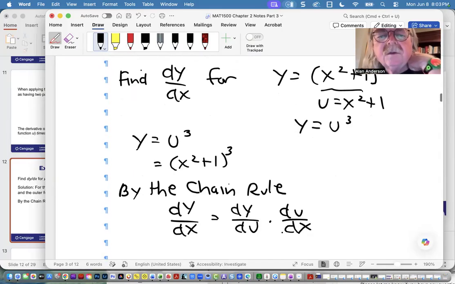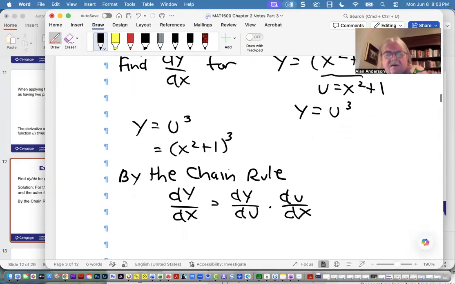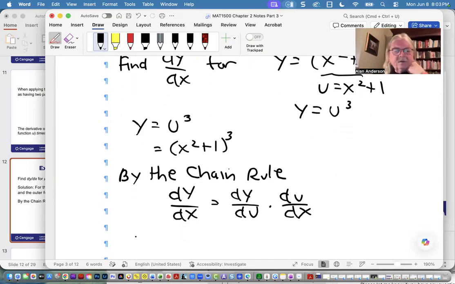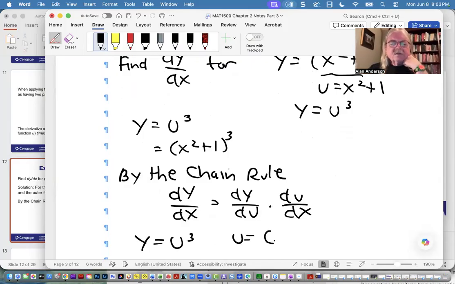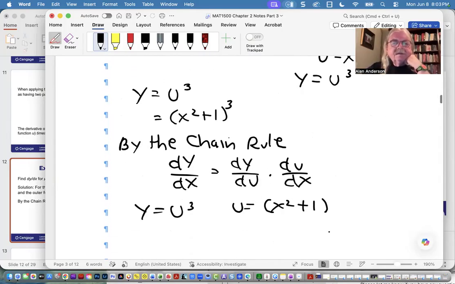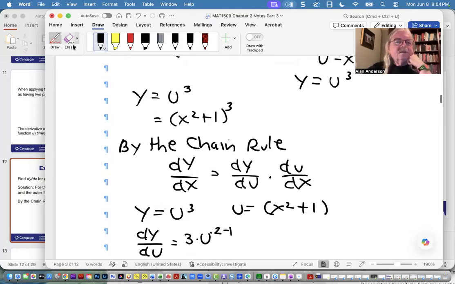All right, so let's go back and revisit what we've done here. If we let y equals u cubed, and in turn, u equals x squared plus 1, then dy du is obtained with the power rule. Whoops, that should be 3 minus 1, of course.